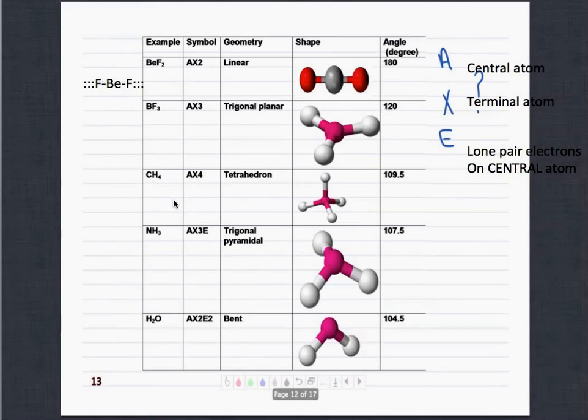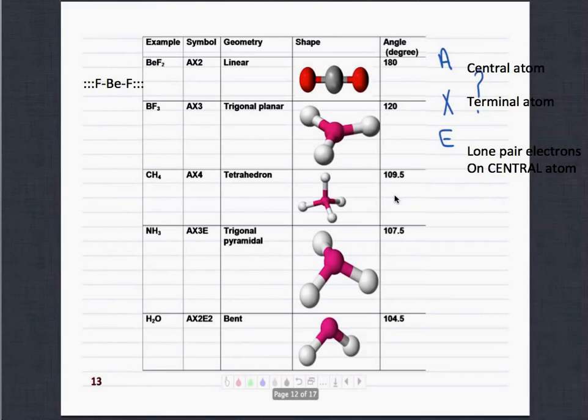For the symbol AX4, the best arrangement is what I just showed you before, which is tetrahedral. So the structure is tetrahedral, and the angle between those bonds is 109.5. So the angle between all of these is 109.5. Okay, so that's for AX4.